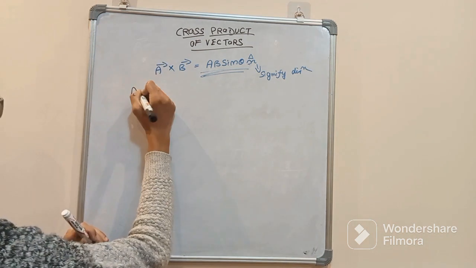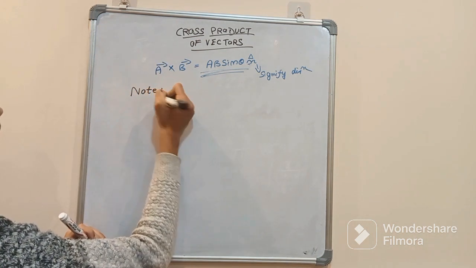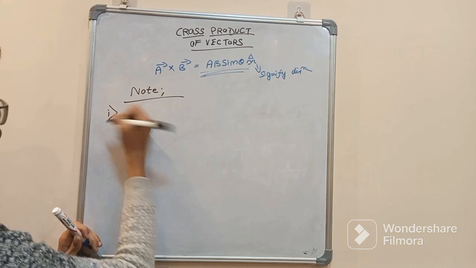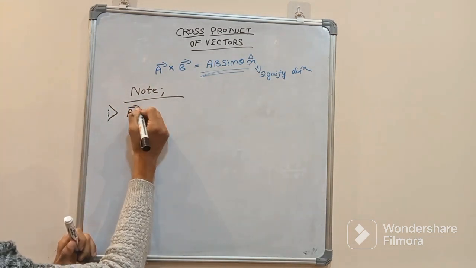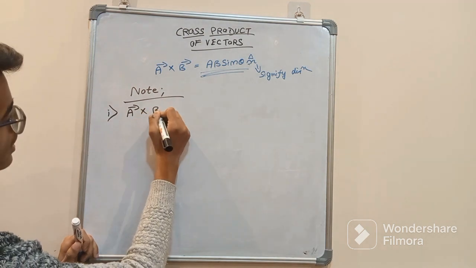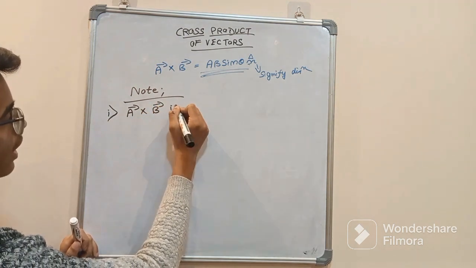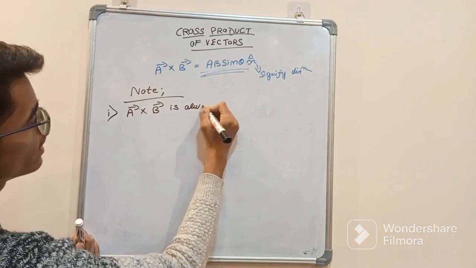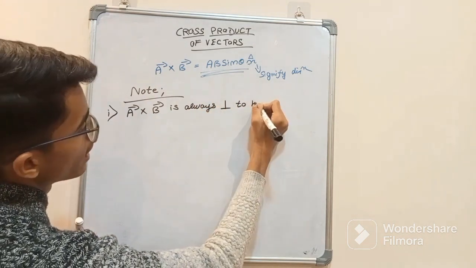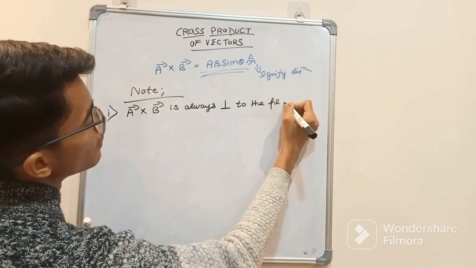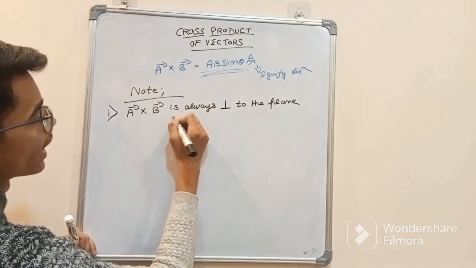Now a few points to remember. Note first, A vector cross B vector is always perpendicular to the plane containing it.